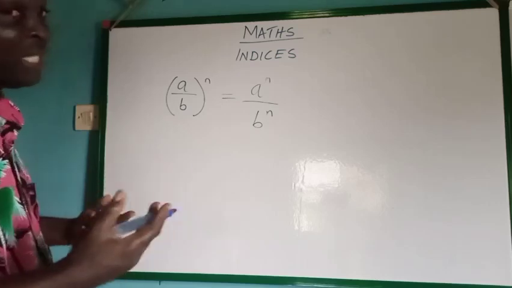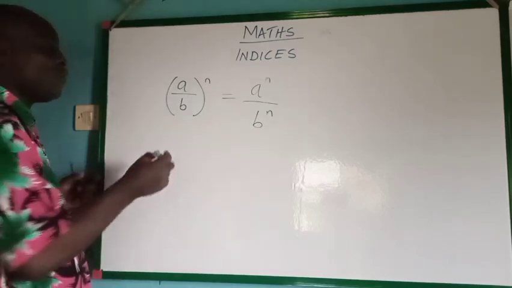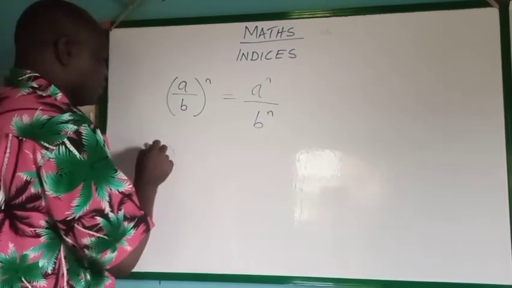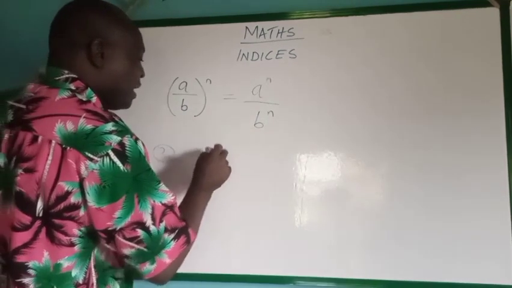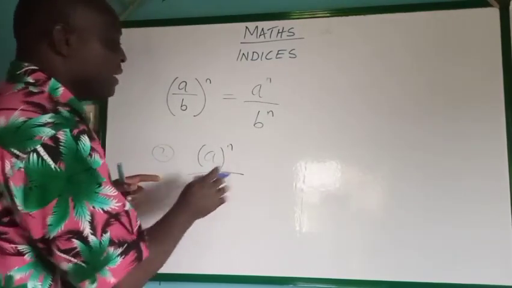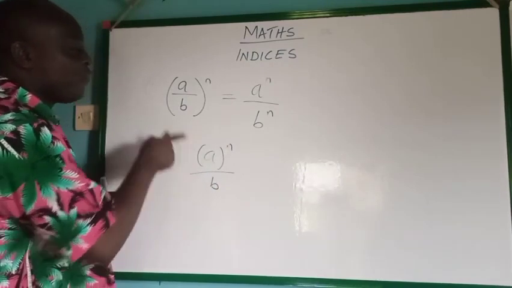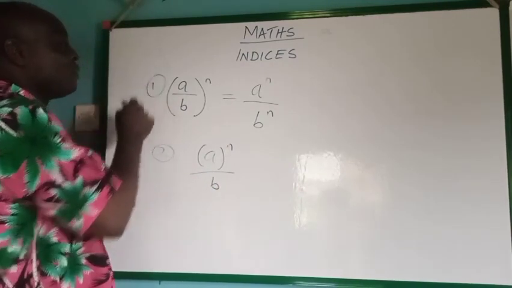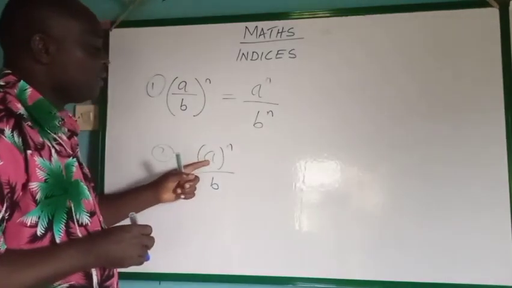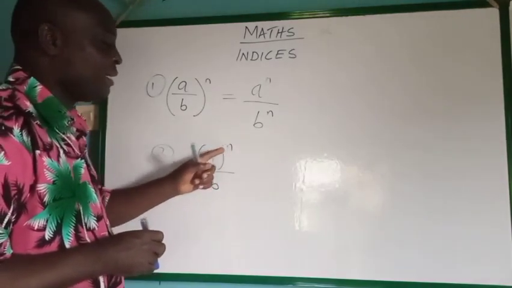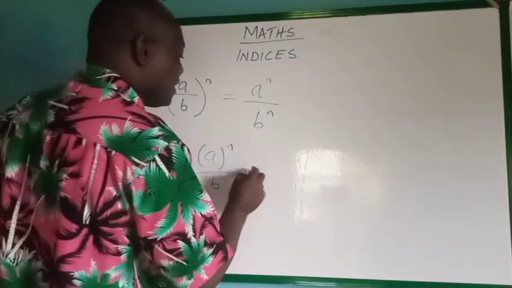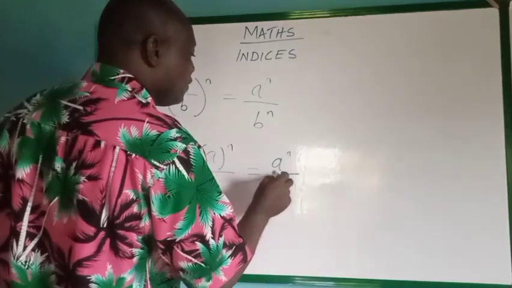This is a different scenario. This is the first situation. Let us look at the second situation where we have (a) all raised to power n, all over b. This is different from the first example that was considered. So this is equivalent to a raised to power n, all over b.